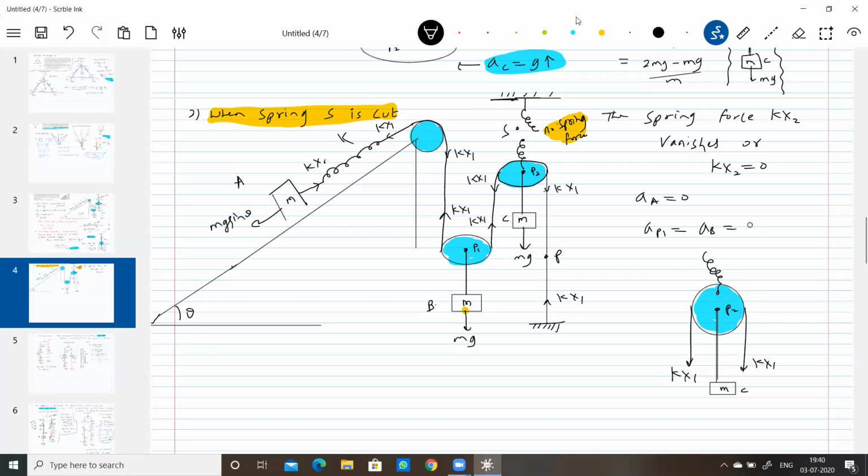Now, what is the net force acting on the pulley P2 and the block C? Spring force and the weight. So therefore, what is the acceleration? aC should be equal to (2kx1 plus mg) by m. What is the kx1 value? It should be equal to mg by 2, as we know already.